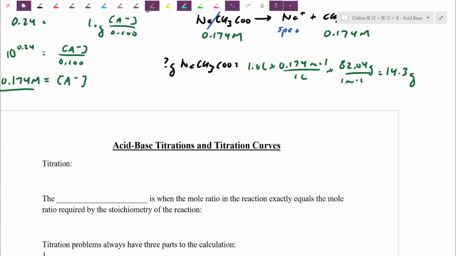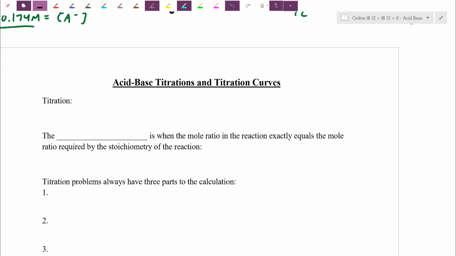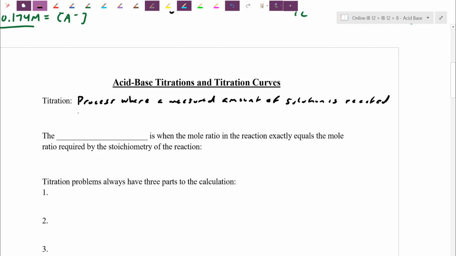All right. In today's lesson, we're going to rehash a little bit of what we know with titrations. If you remember, titrations are a really common chemical technique. Titration is a process where a measured amount of solution, usually dropped from a burette, is reacted with a known volume of unknown concentration solution.